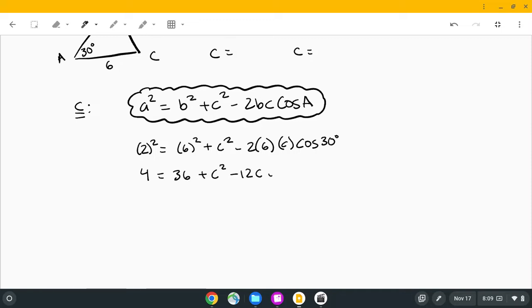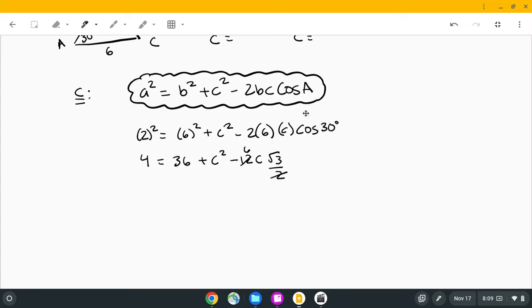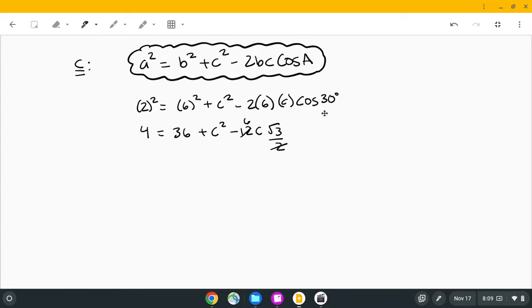Cosine 30 is square root 3 over 2. I'm going to go ahead and cross cancel the 2 and the 12. So I get 4 equals 36 plus c squared minus 6 square root 3 c.